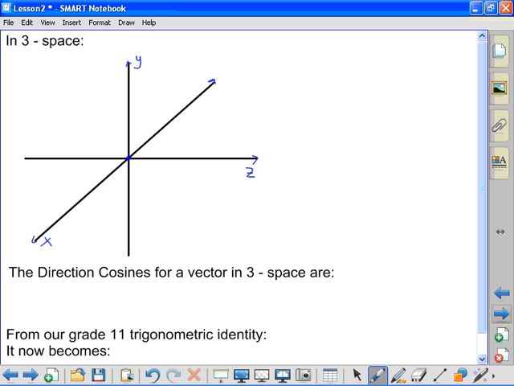But let's say we go back some negative distance here on the x-axis, and then I move up on the y-axis in the positive direction, and then let's move forward in the z direction. So I'm drawing a 3D vector. That means my vector starts at the origin, and the head ends at my endpoint.